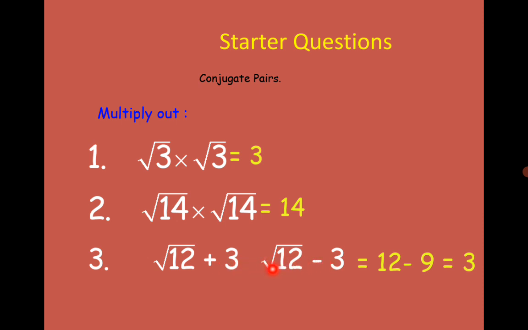The difference is the signs. So this is minus 3, there's a plus 3 there. So to multiply these two, you simply remove the root sign to give you this one, and then you multiply 3 by 3, that's 9. And then subtract, so we have 12 minus 9, which is 3.